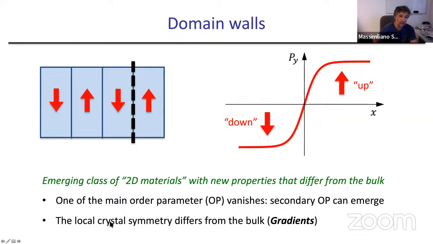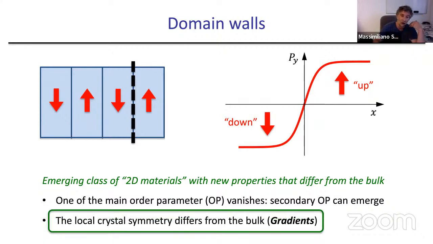And also it means that the local crystal symmetry is not the same as in the bulk, because there is a spatial variation in some structural distortion or some other order parameter. And this brings about gradient couplings with a whole bunch of new functional properties. And this is what we'll be mostly interested in this talk.